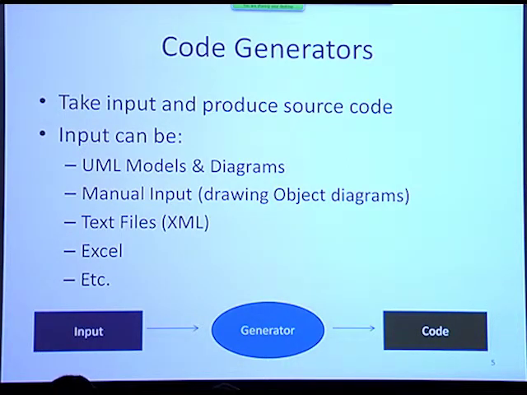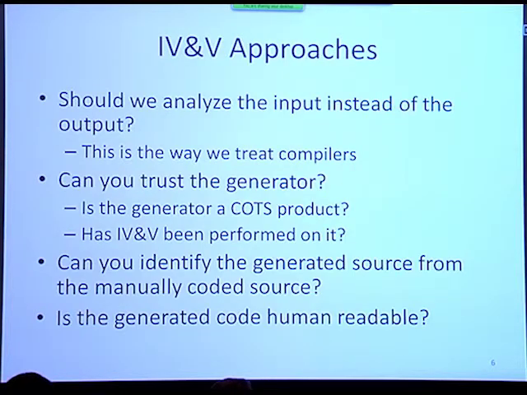A lot of people are familiar with Rhapsody and Rational, which have products for doing that. Some people have written their own tools that take their own kinds of diagrams. Certain kinds of text files like XML files can be used, and Excel files are sometimes used, such as timeline management functions that can come out of Excel. You run it through your generator and you get some C code.